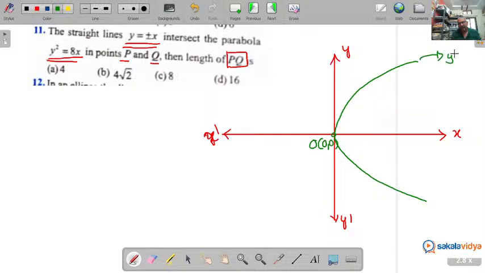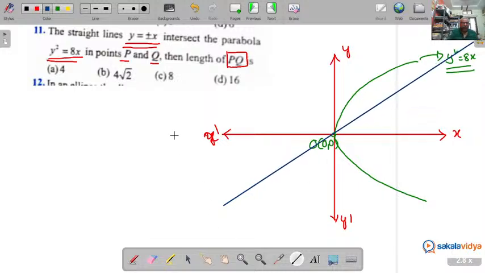The line y equals x passes through the origin, and the next line, y equals minus x, also passes through the origin.